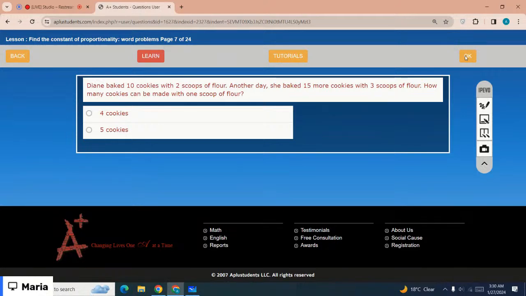Dane baked 10 cookies with 2 scoops of flour. Another day, she baked 15 more cookies with 3 scoops of flour. How many cookies can be made with another scoop of flour? So, which is the correct option?